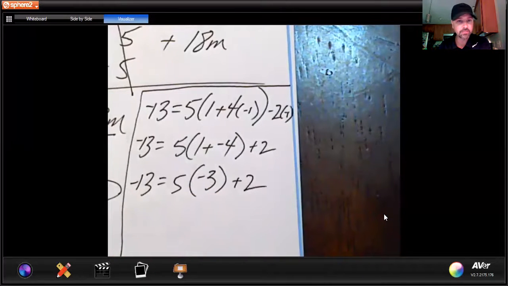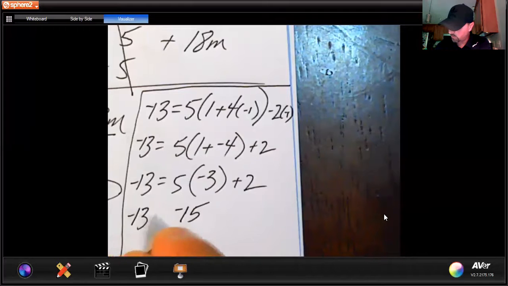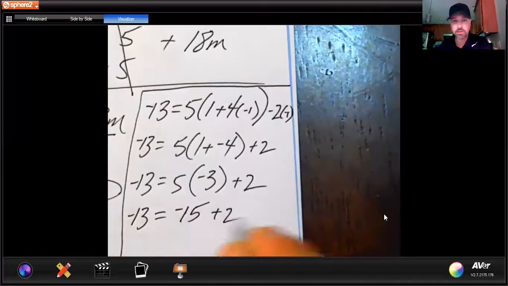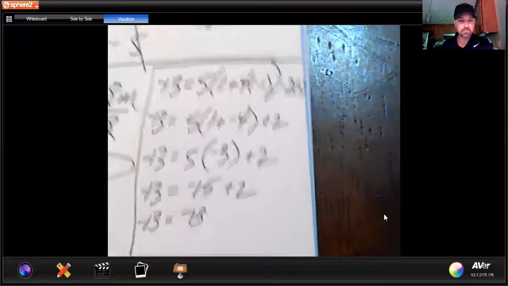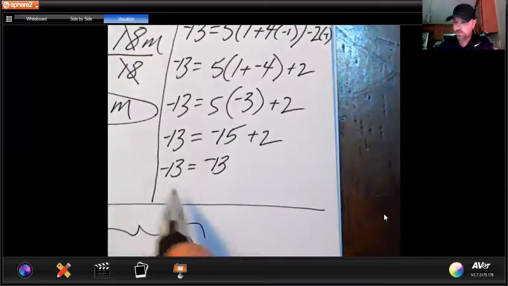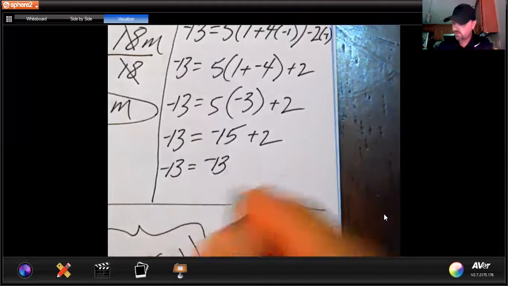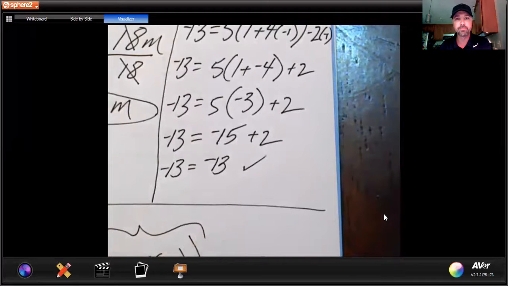Bringing everything else down. Now do the multiplication. 5 times negative 3 is negative 15. Bring down my plus 2. Last step, add. Negative 15 and positive 2 would equal negative 13. So what I'm left with is negative 13 equals negative 13, which is true.